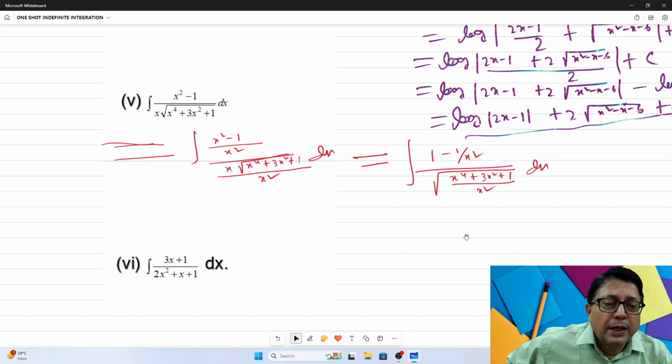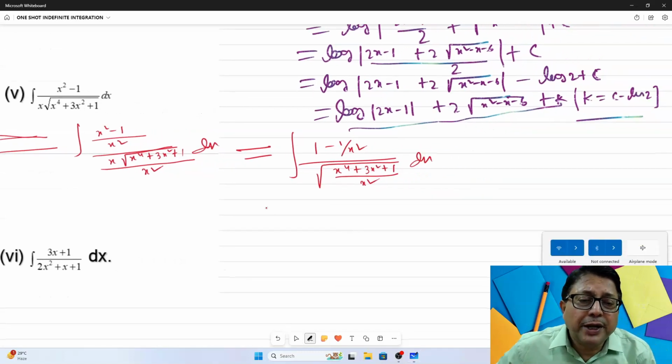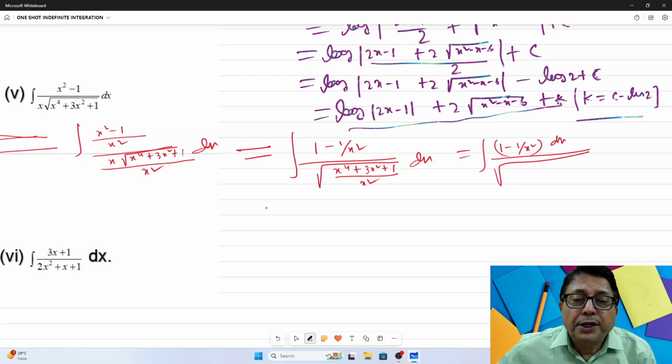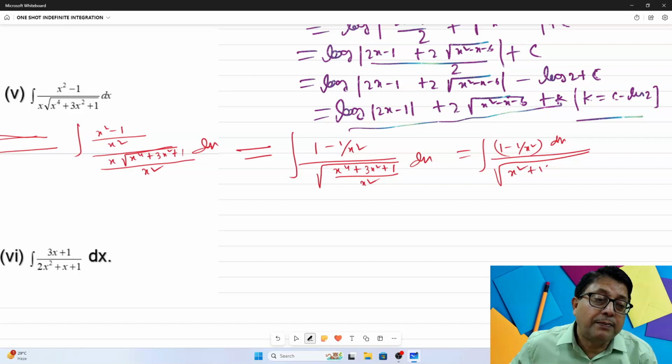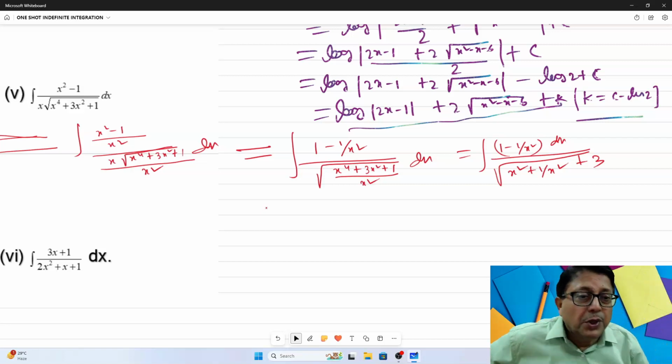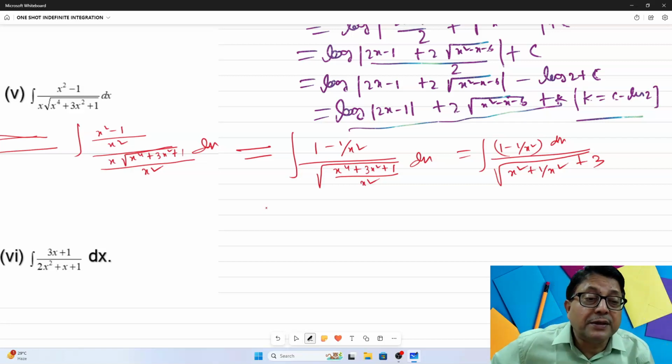Okay. Now this you write as x square plus 1 by x square plus 3. Have I got the desired form? No. This is derivative of something. This part.